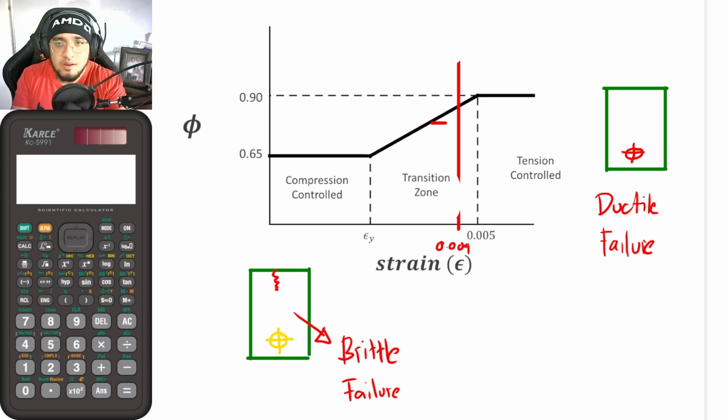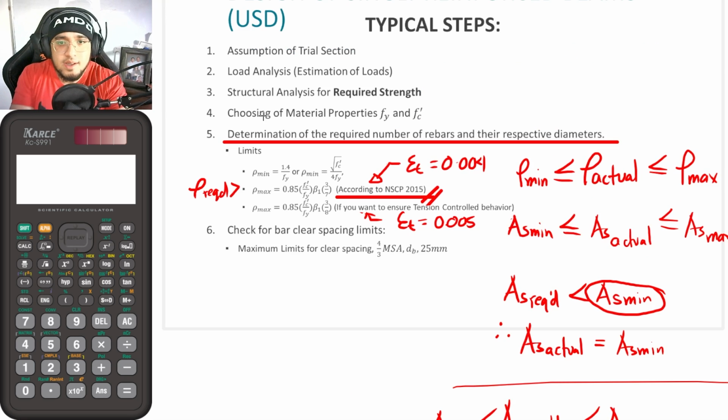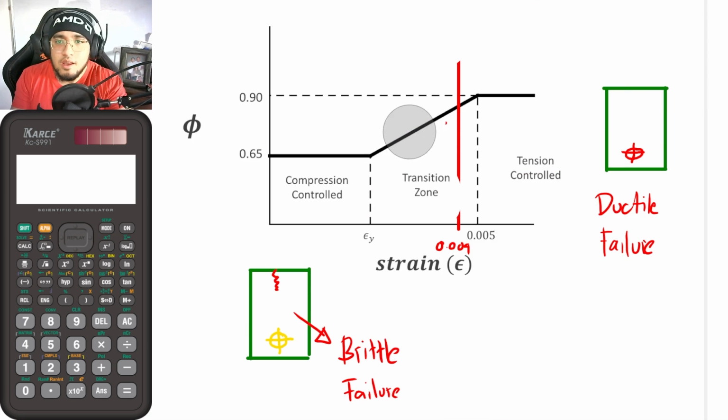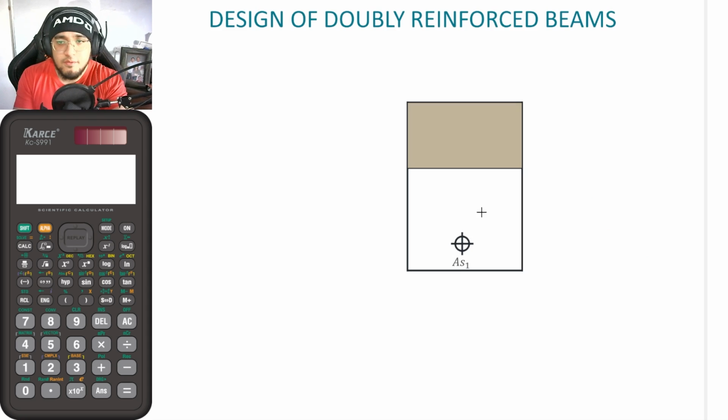But if, for example, the rho required is less than your rho max, it means that in your design, it is in this region here, which is allowable. Okay, so once again, what we want to happen here is for the tension side to yield or to fail, not the compression side.